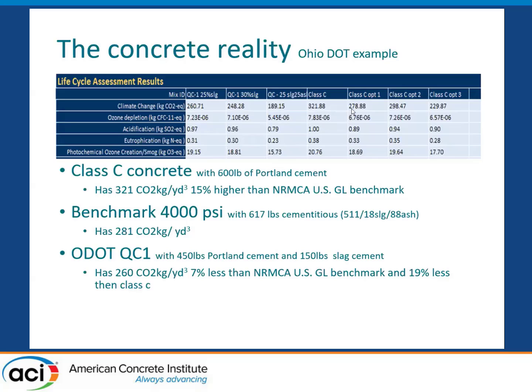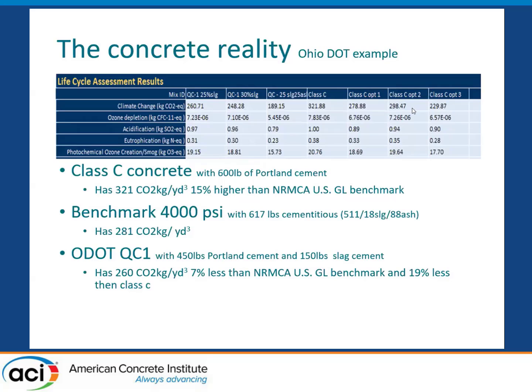Then we looked at Class C option 1, which was 600 pounds of cement with a water reducer. Class C option 2 was 550 pounds of cement with fly ash, and option 3 was 550 pounds of cement with slag.